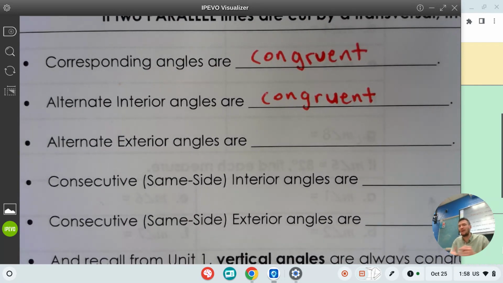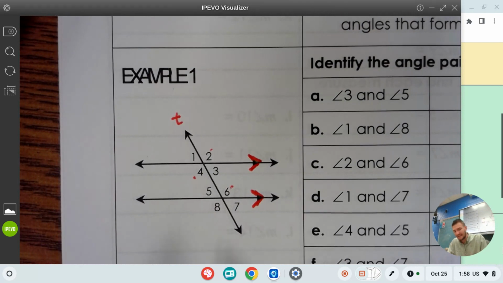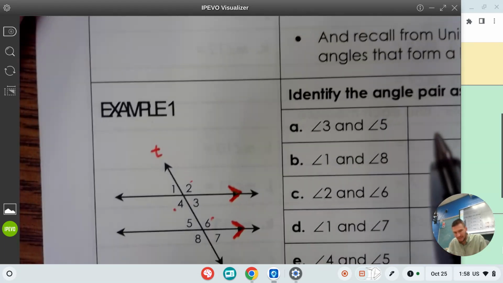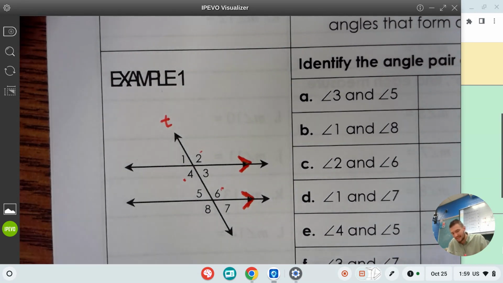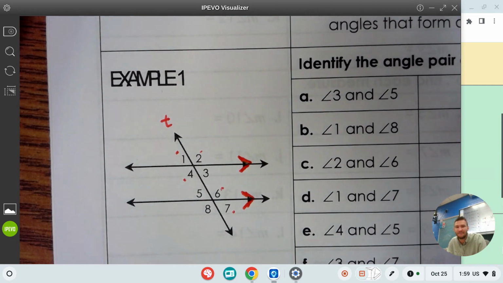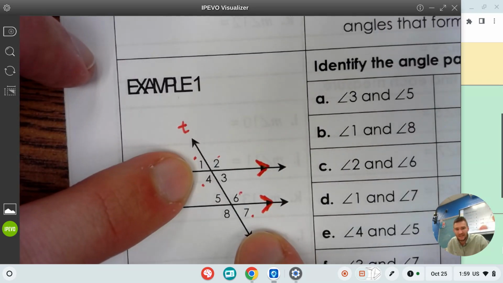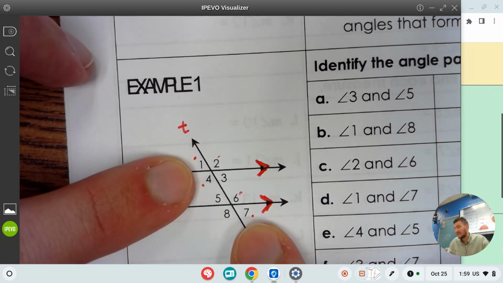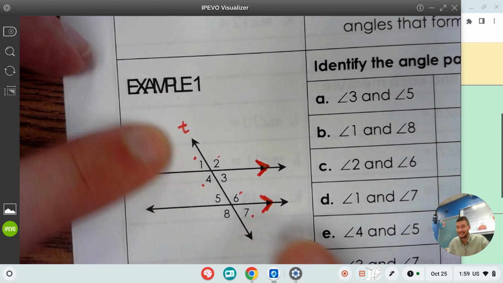Now, so far you're probably thinking, wow, everything's congruent. Obviously, it's not the case that all 8 of these angles are all the exact same thing. Okay? Up next is alternate exterior. Alternate exterior reminds me of something like 1 and 7. Alternate exterior, what do you notice about 1 and 7? They both look acute, and they both look the exact same.